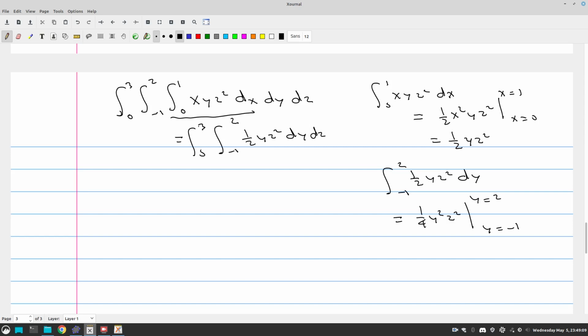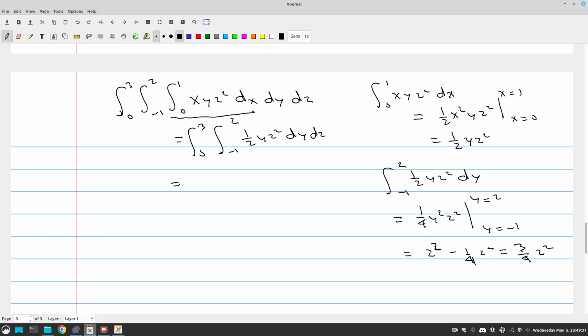Right? And this gives me 1/4 times 4, which is 1, so which is z square minus 1/4 z square, which is equal to 3/4 z square.